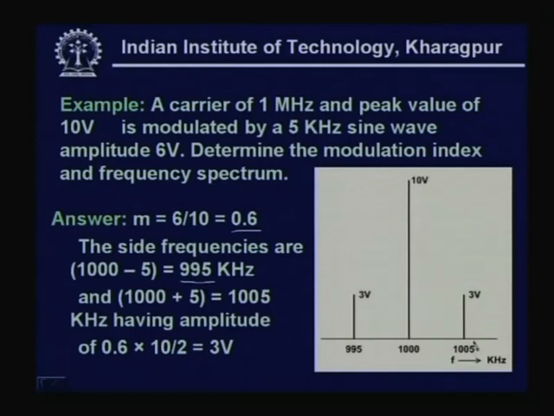You can see here the three amplitudes of the frequency components. The carrier will have 10 volt, the side bands will have 3 volt. So, this is the frequency domain representation of the modulated signal.